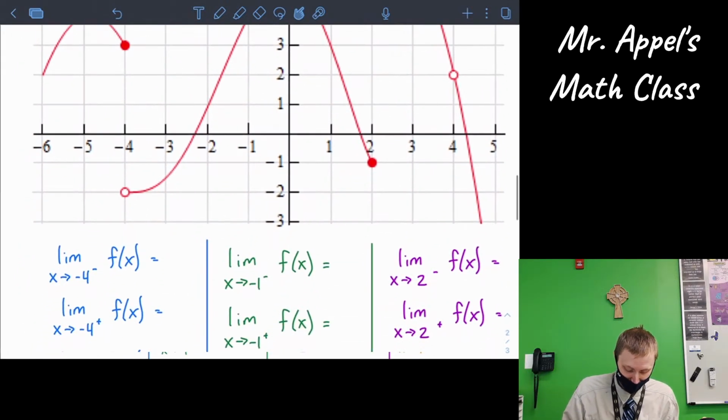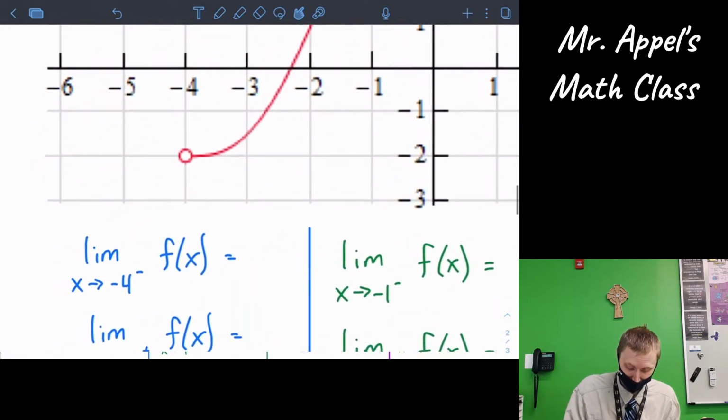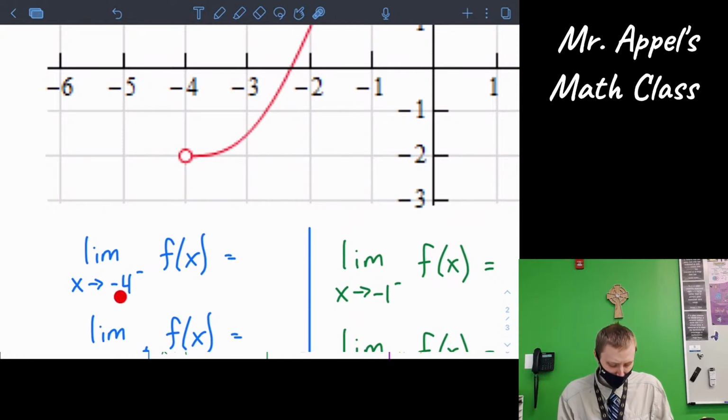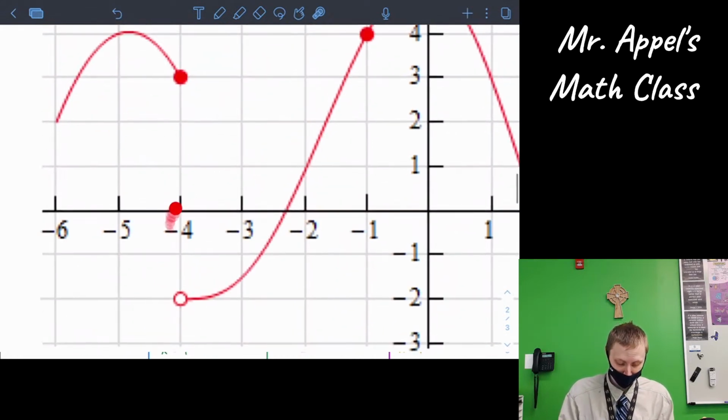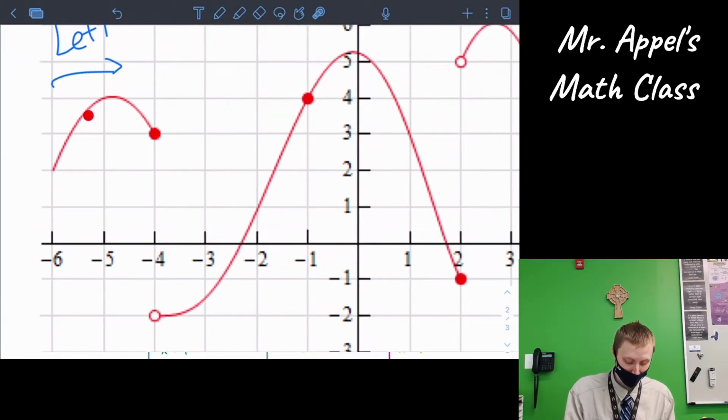So when a question asks us to evaluate our first limit, the limit of f of x as x approaches -4 from the minus side, from the negative infinity side of the graph, it says I'm going to approach -4, so this is my target area, but I need to find the graph on the left side of it.